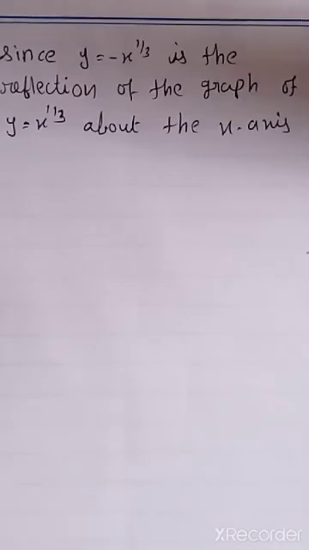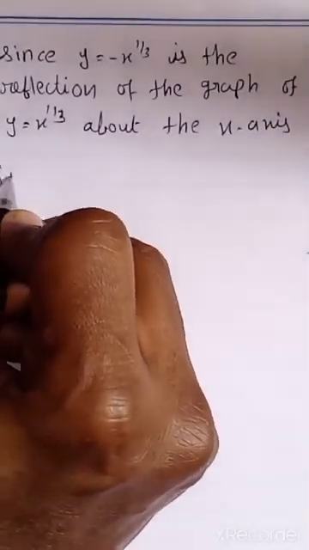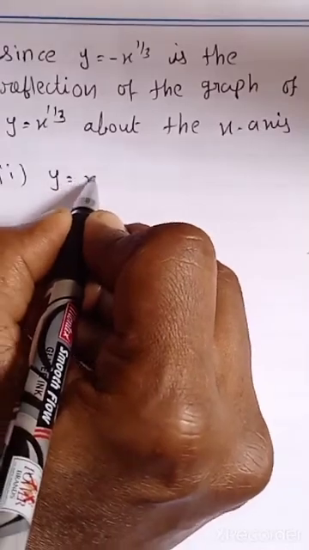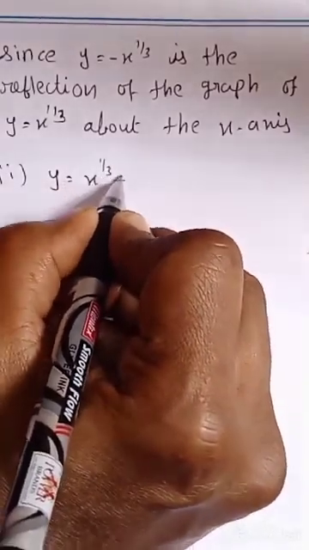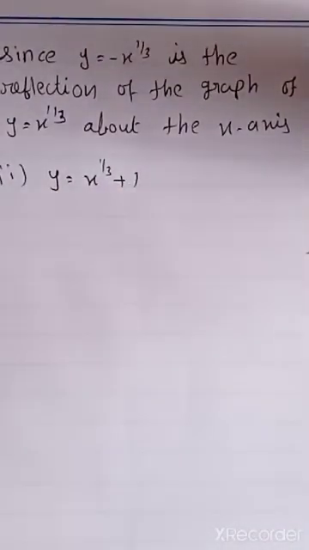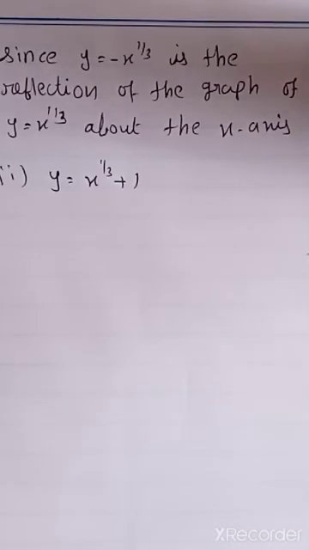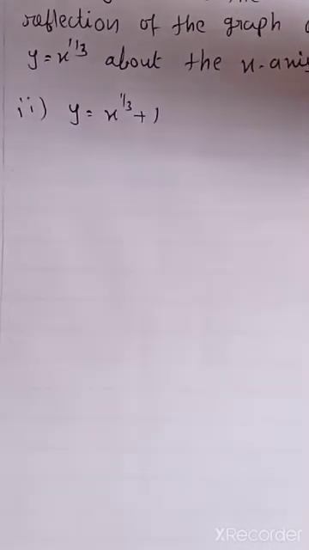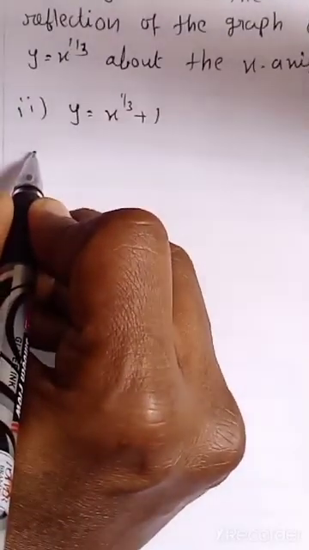Okay, and your second subdivision. What is your second subdivision? y equals x power 1 by 3 plus 1. So outside the function we are adding. If we are adding outside the function, what do we have to do? We have to move upward. Correct? So here first we can write the sentence.